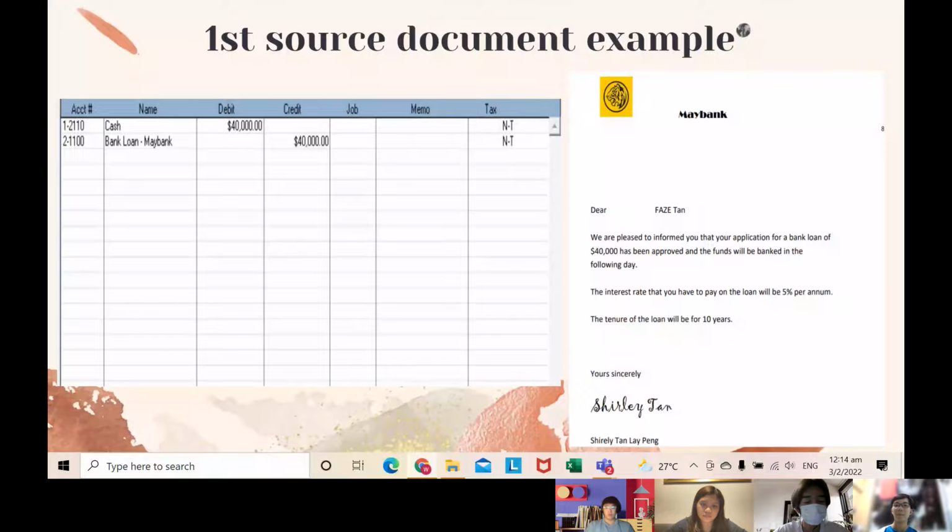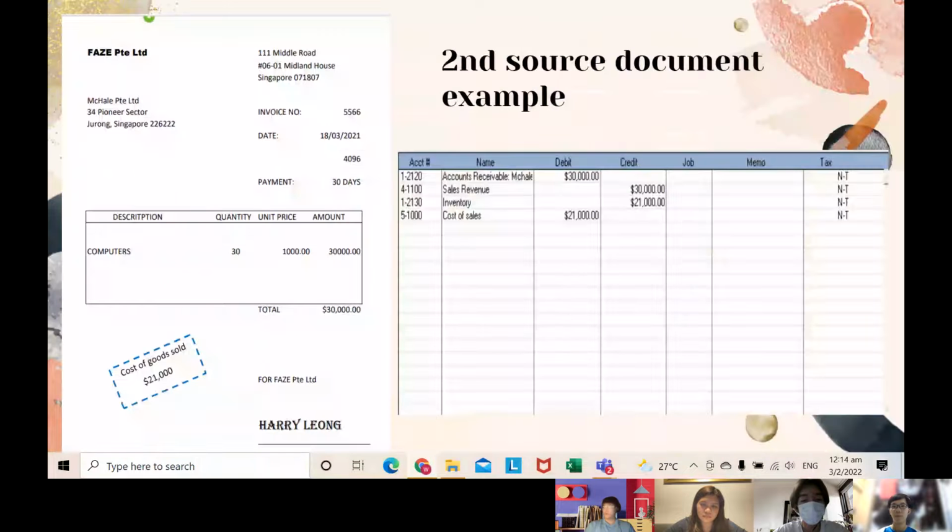Moving on to the second source document, we can see that the inventory is sold for 30,000 and cost 21,000. Under the payment, there's a 30 days limit, which shows that it is an account receivable, as McHale will be paying in the future. We would have to record an increase in accounts receivable McHale by 30,000.